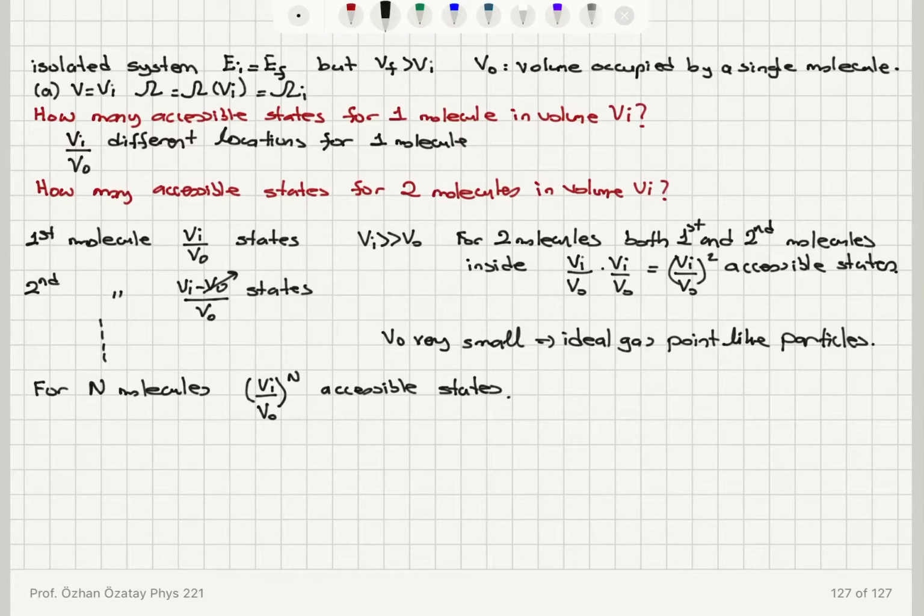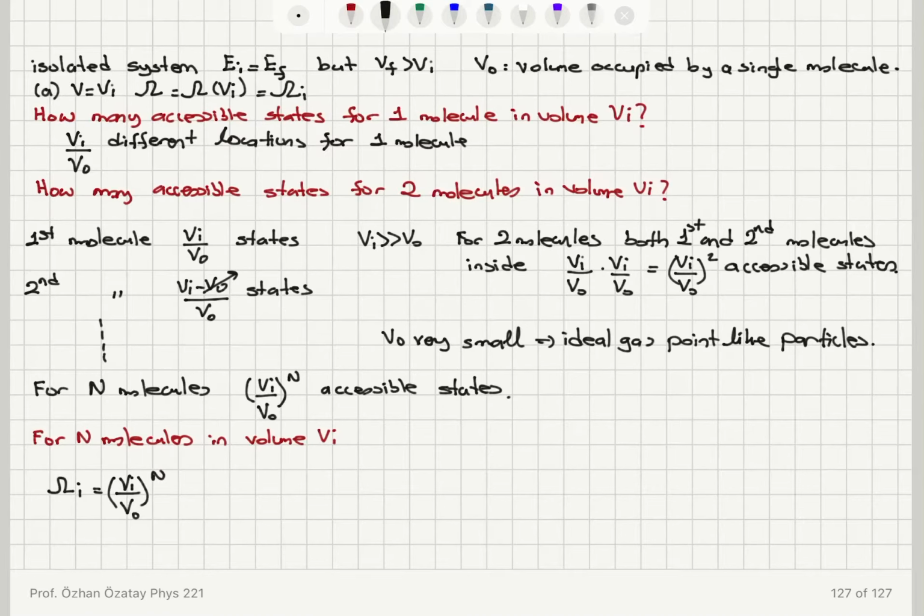Therefore, for n molecules in volume V initial, the number of accessible states omega initial is equal to V initial divided by the volume occupied by one molecule to the power n.